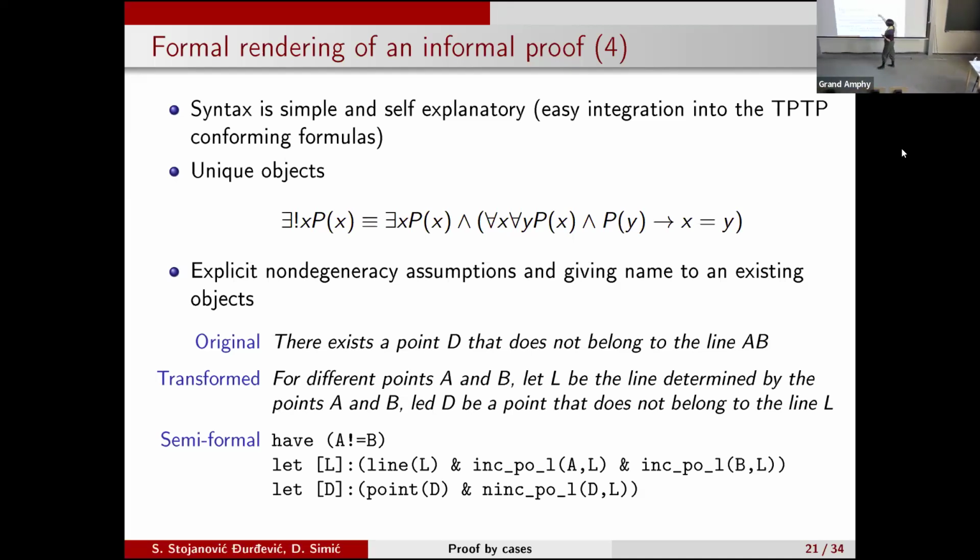First thing that I want to show is that every time when in natural language you say that you have exactly one line, exactly one plane, you basically need to do two things. First, you need to prove that the object exists. Then you need to prove that if two such objects exist, then they must be the same.